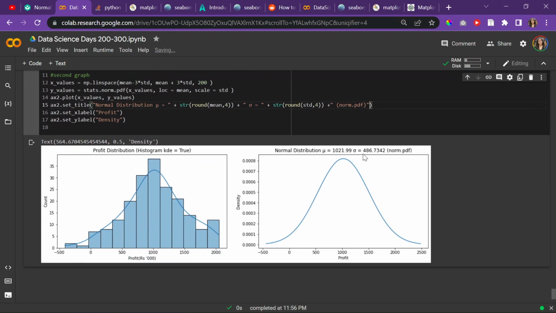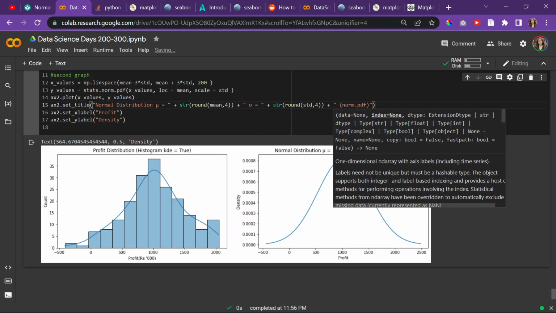Okay, finally. So, the one on the left was made with a histogram with KDE equal to true. KDE is kernel density estimation, which is that squiggly curve that you see. And then on the right, we have a normal distribution of the same data, but it is graphed by using norm.pdf, which is calculating the probability density function.